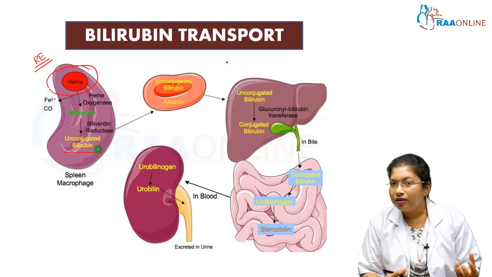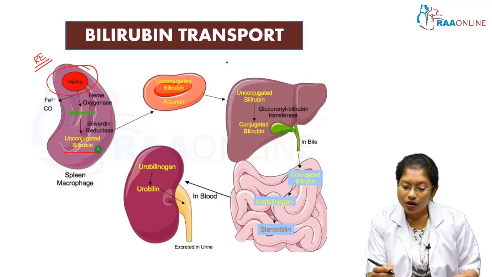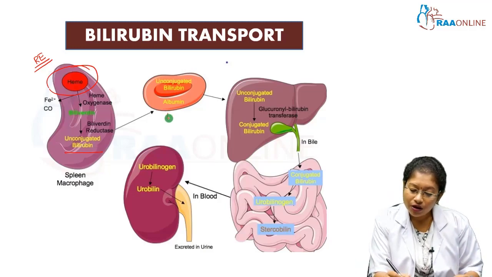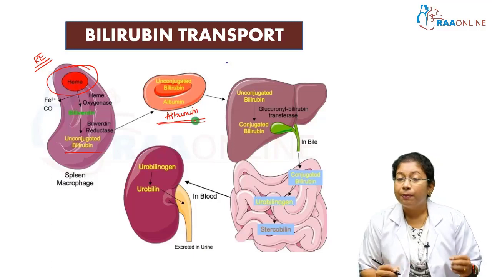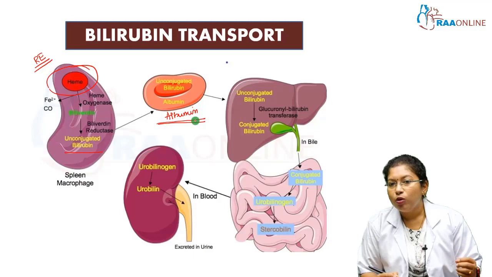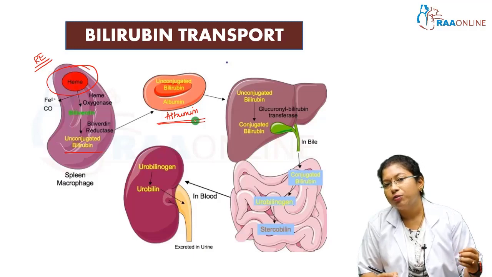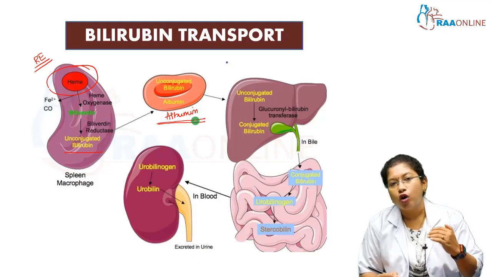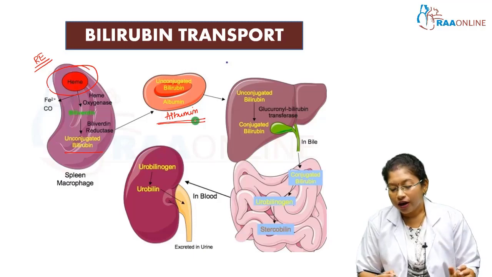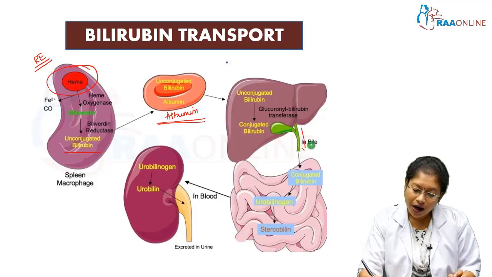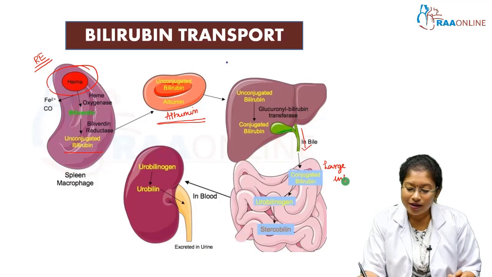Who is going to carry the unconjugated bilirubin? It is your albumin. So, in the circulation, albumin carries the unconjugated bilirubin to the liver for conjugation. Once it is conjugated, it is secreted in the bile to the large intestine for its disposal.